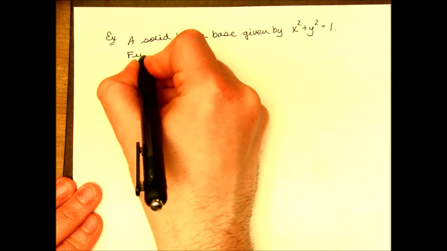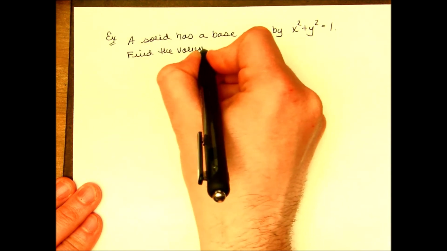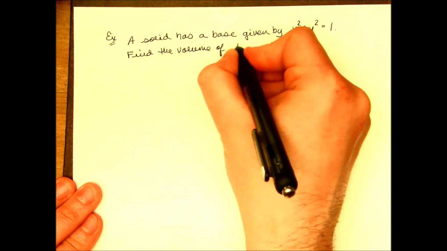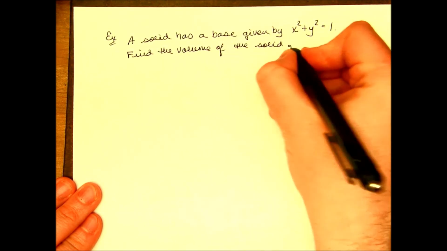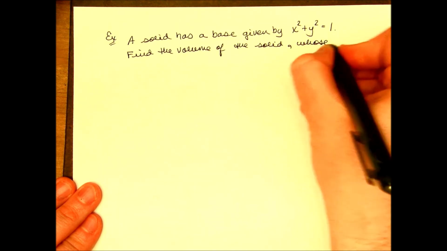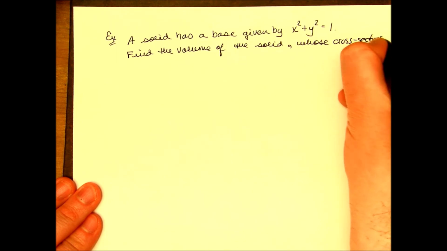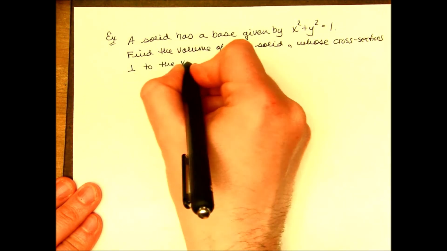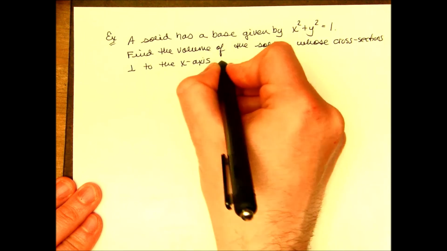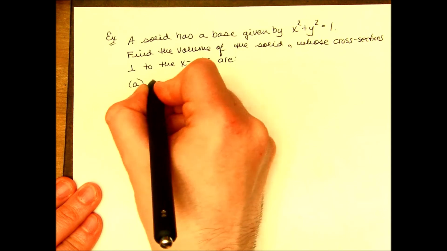I want to find the volume of the solid whose cross-sections perpendicular to the x-axis are, and we're going to start with squares.